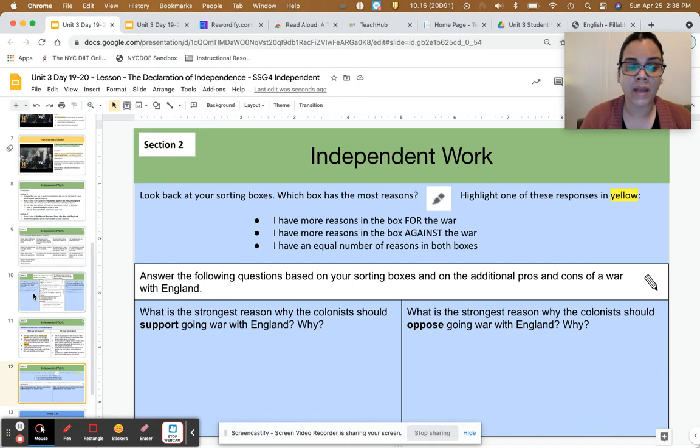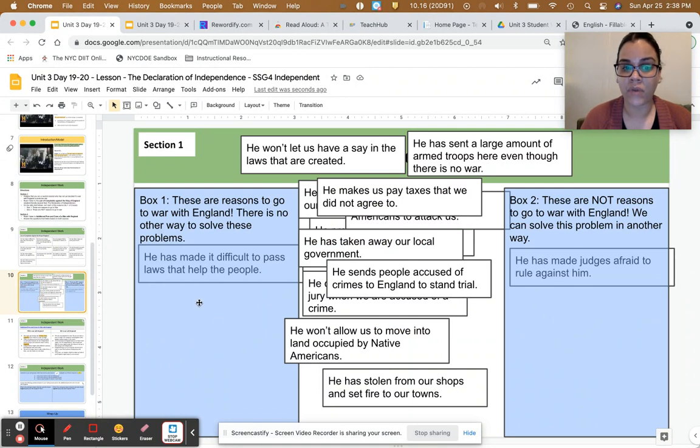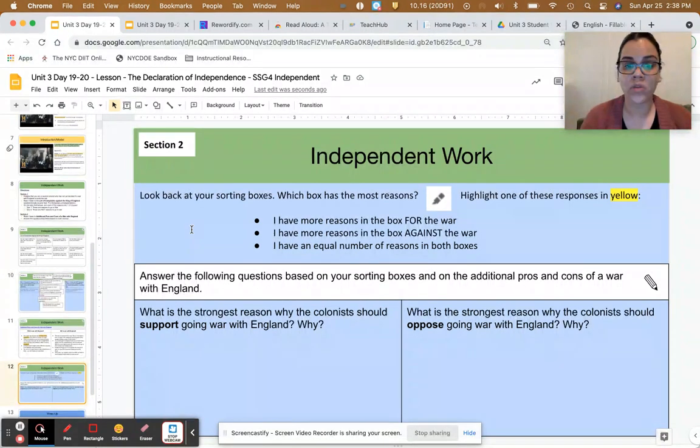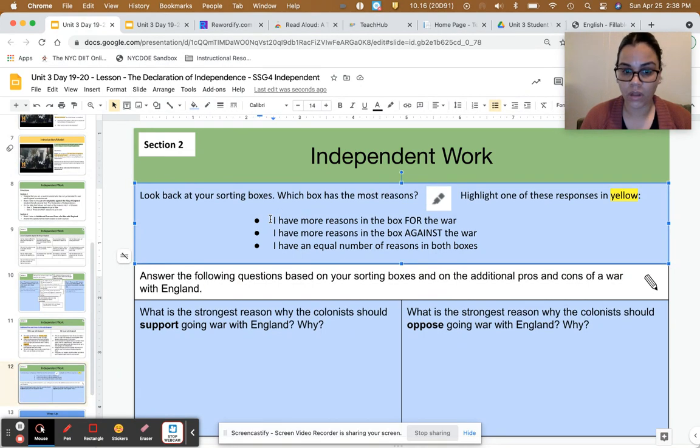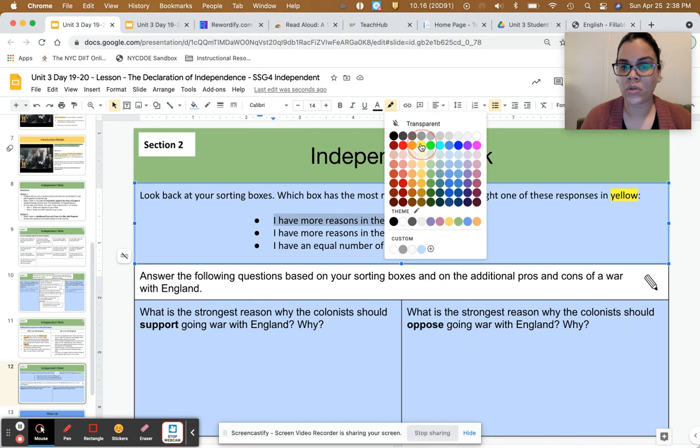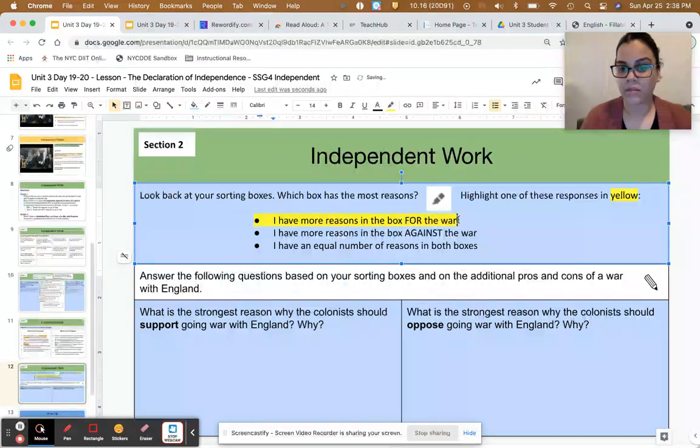Here on your Google Classroom, you have access to this slide. So you're going to go back and you're going to count up how many rectangles or complaints you have in box 1 versus how many you have in box 2. Right? So if you have more reasons in box 1, more reasons that we should go to war, you're going to hold down your mouse and drag so that this sentence is highlighted. You go to your highlighting tool and you highlight.